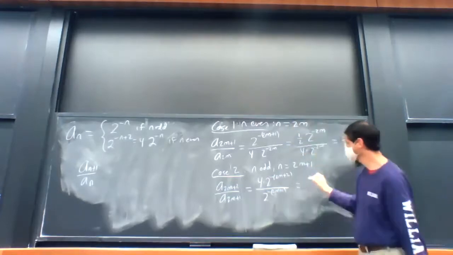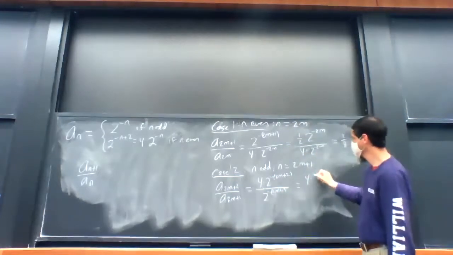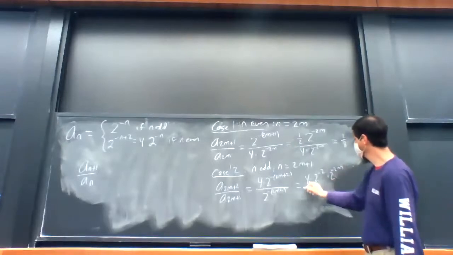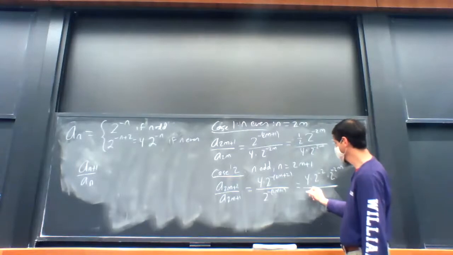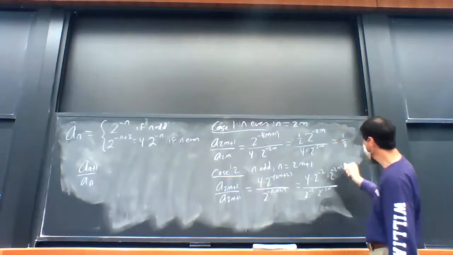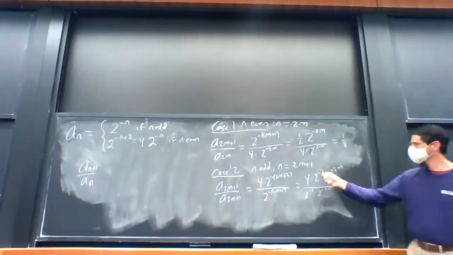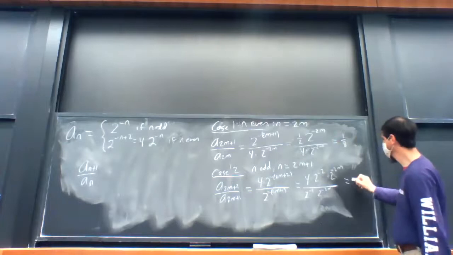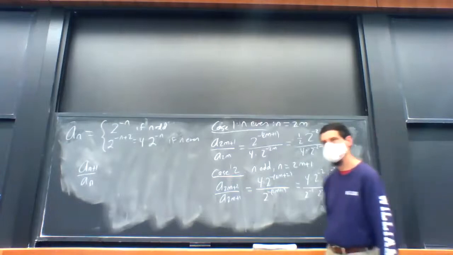So it's going to be 4 times 2 to the negative 2 times 2 to the negative 2m divided by 2 to the negative 1 times 2 to the negative 2m. The 2 to the negative 2m's cancel. 4 times 2 to the negative 2 is 1. So this is just equal to 2.